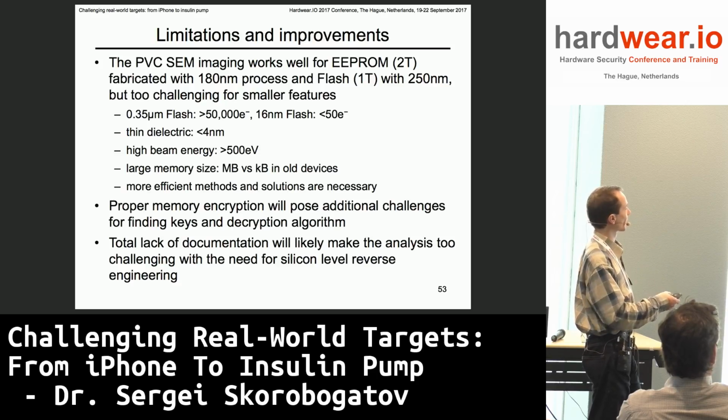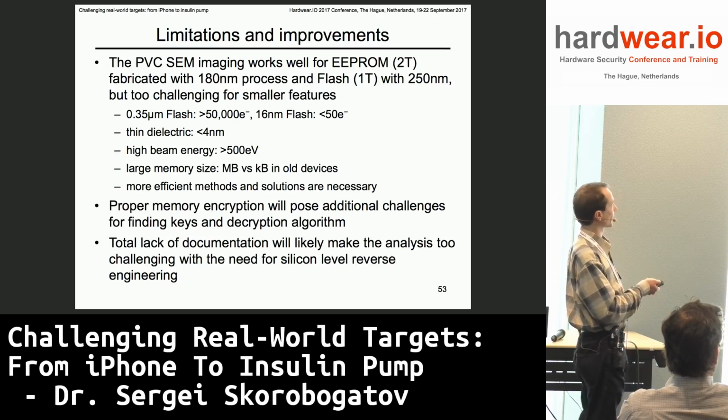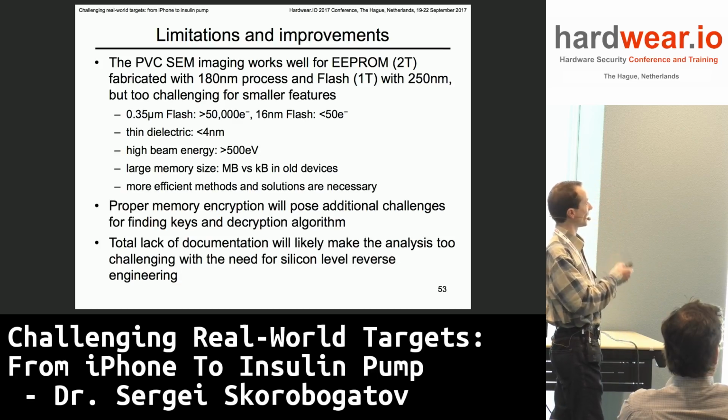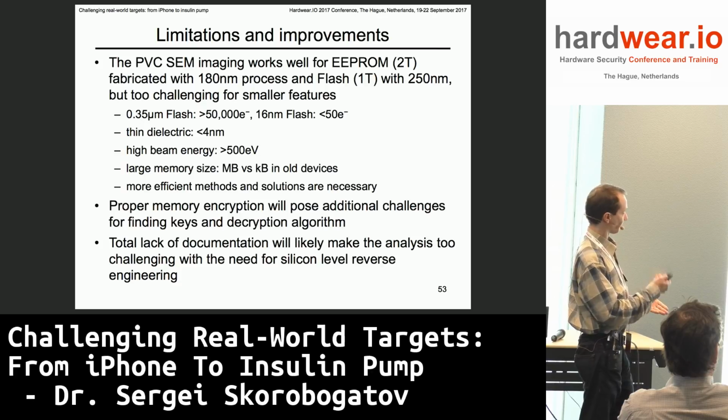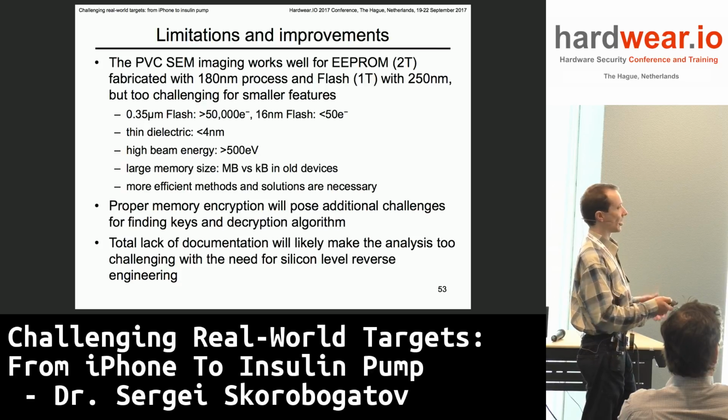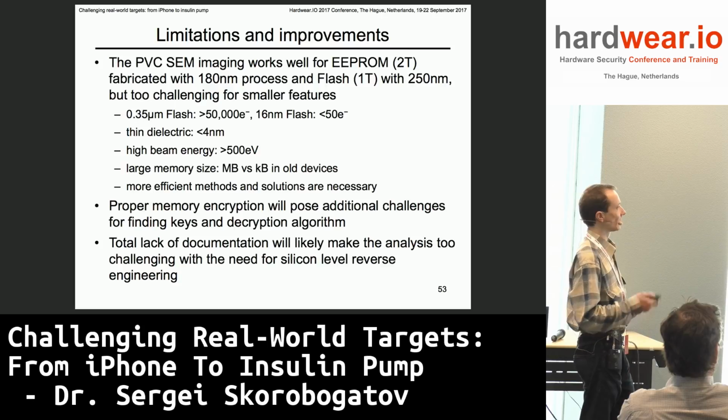So that means the electrons can easily escape from the floating gate. And remember that under electron microscope, you have relatively high beam energy. It's in excess of 500 electron volts. So those electrons can, if they hit the electrons on the floating gate, make them escape relatively quickly.